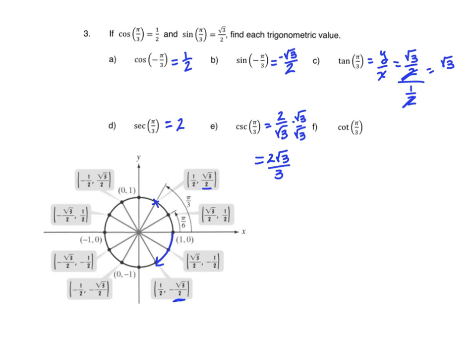And then for cotan of pi over 3, cotan is going to be x over y because it's the inverse of tan, which was y over x. So if I take the x value, remember that's your cosine, so that's going to be 1/2, and put that over the y value, which is radical 3 over 2. And then remember, again, I can cancel those 2's.